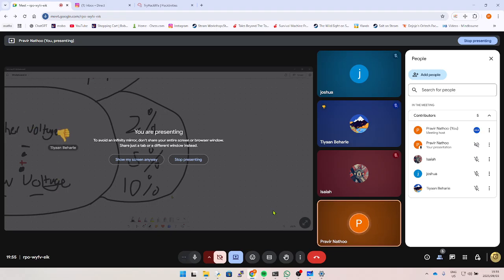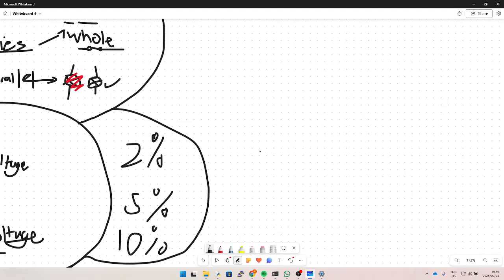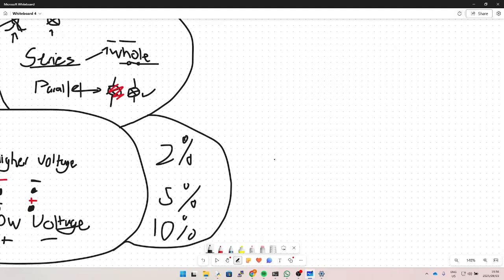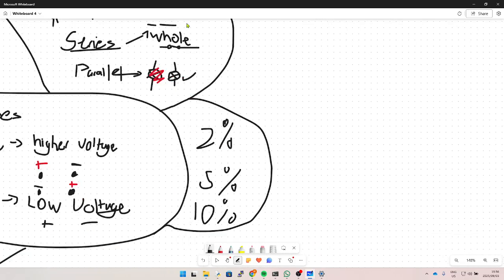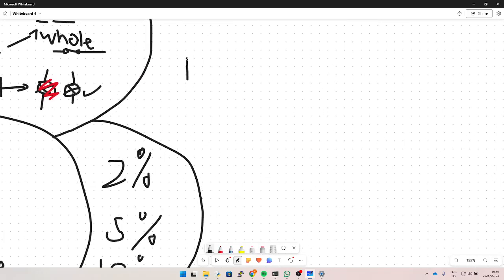Lamps in series. This is where you have to be careful, because in series we look at resistance easily. Resistance is quite easy in series because you just add them up.